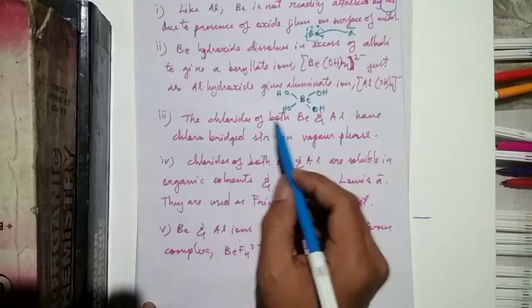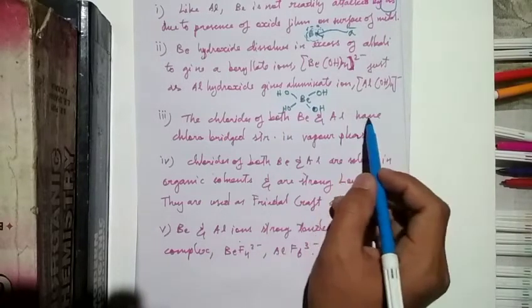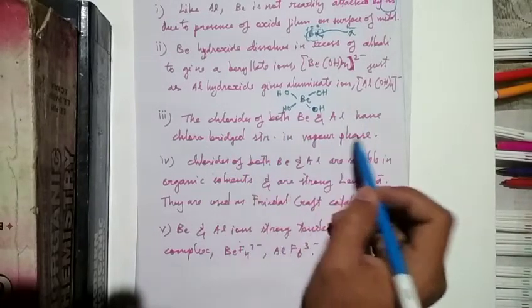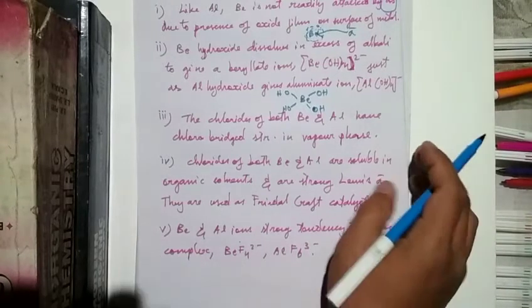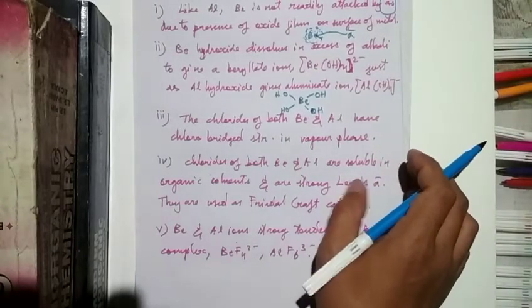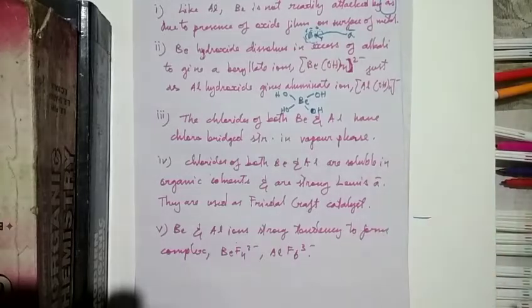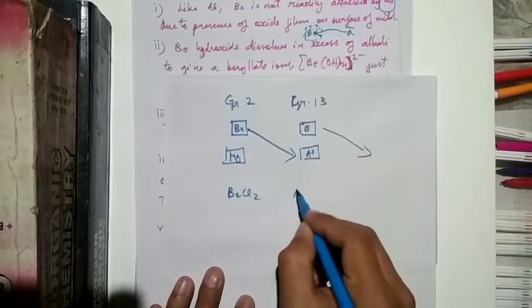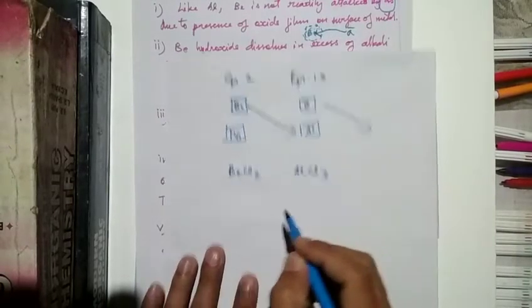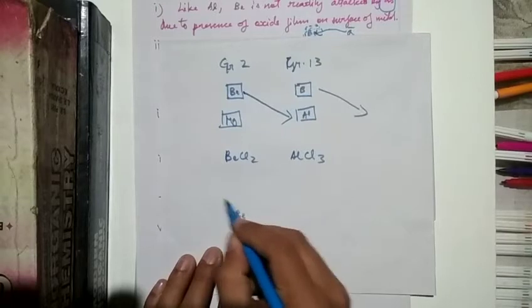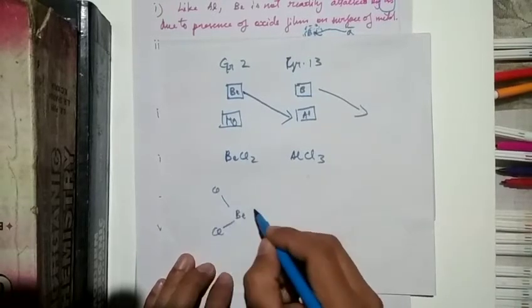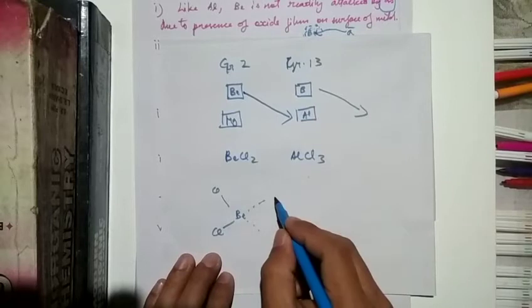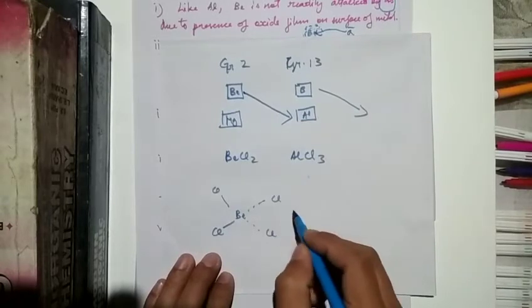The chlorides of both beryllium and aluminum have chloro-bridge structure in vapor phase. So they both show chloro-bridge structure. That means chlorides means BeCl2 and AlCl3. So BeCl2 will show chloro-bridge structure, like this.